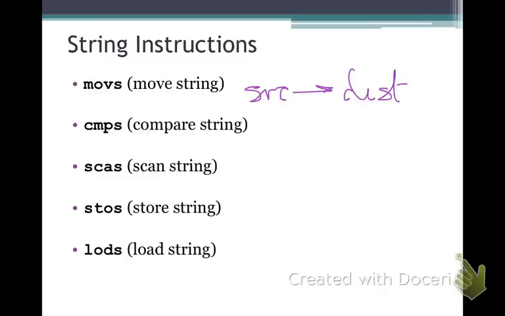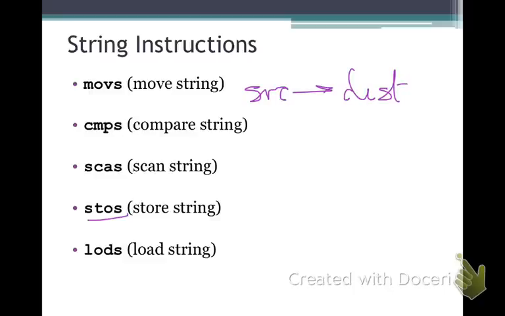So the next one is store string. It stores a new value in some string position. So this is generally going to go from the accumulator to a destination. Load string does the opposite. It loads a value from the source string into the accumulator.